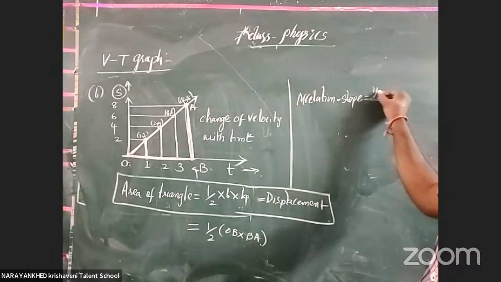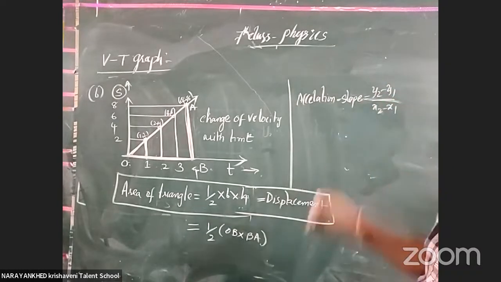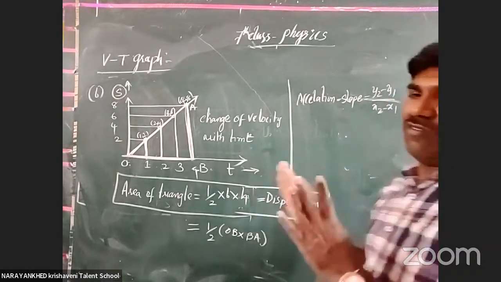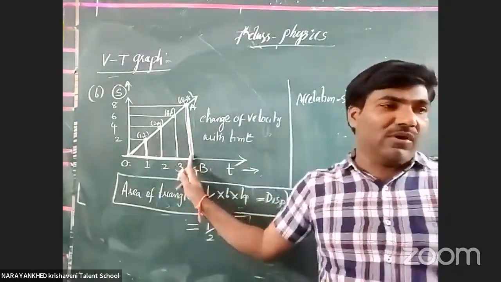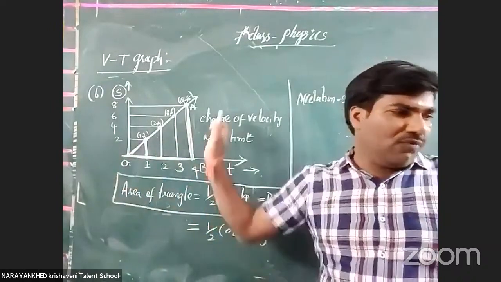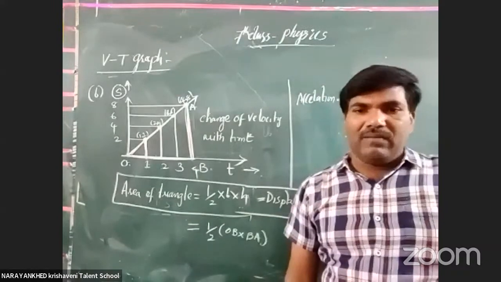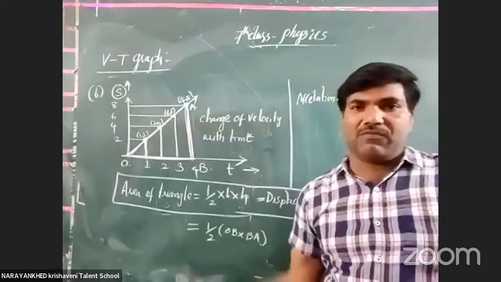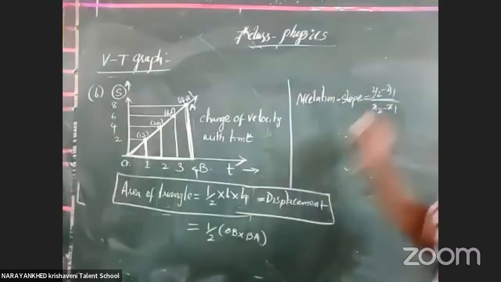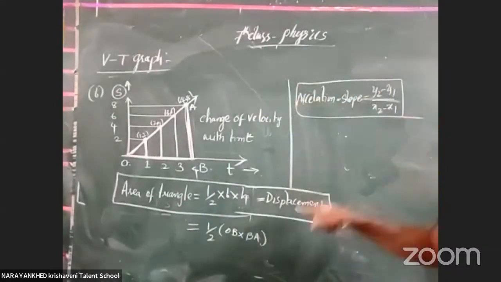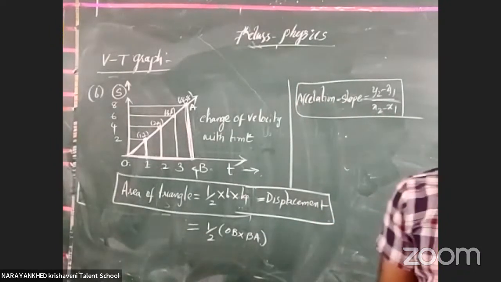Slope is equal to y2 minus y1 by x2 minus x1, between any two points. You can consider it from 0 to 4, from the 0th second to the 4th second also, to find the acceleration from this diagram. In this way we find the acceleration, and in this way we find the displacement made. Got it? Please note down.